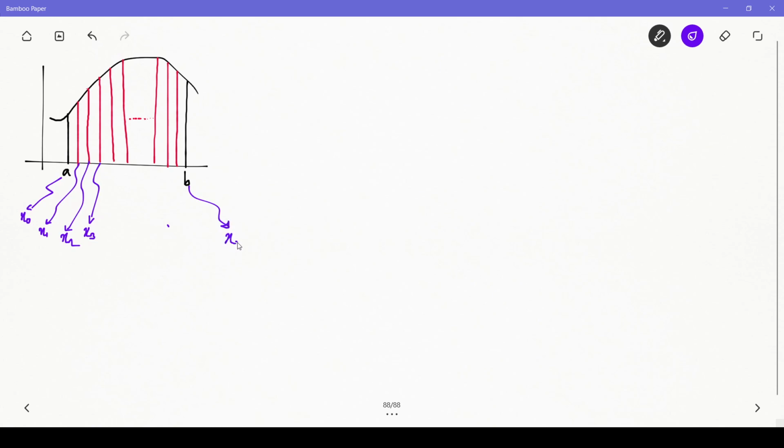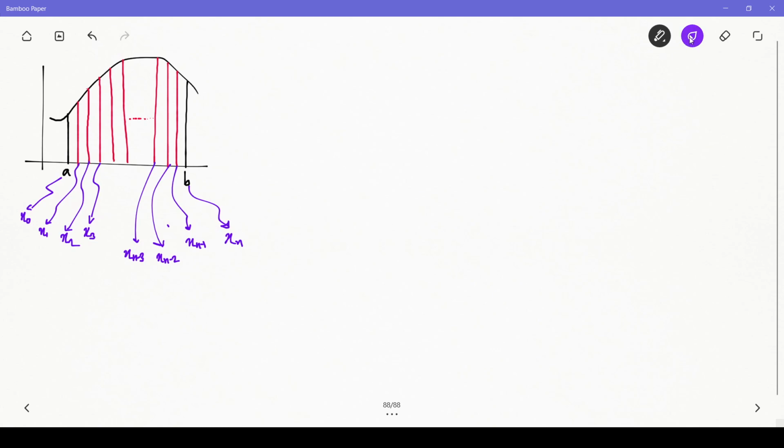This will be x_n, because we are working with n segments. This will be x sub n minus 1. Let me write it a bit more clearly. This will be x sub n minus 2, and this will be x sub n minus 3. Fine. So now we know how to label these x values.